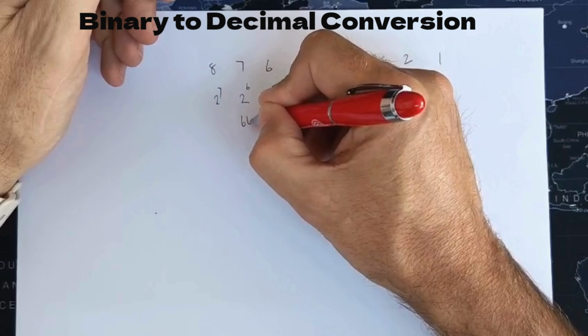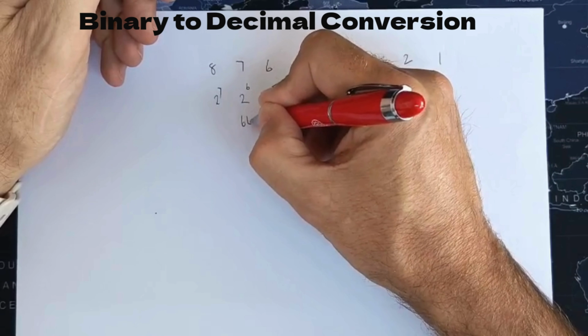So I start off with 212. Can I deduct 128? Yes, I can. So I deduct 128 off of it, which leaves me with 84. Can 64 be deducted off? Yes, it can.